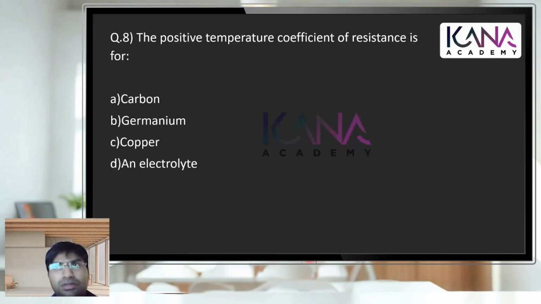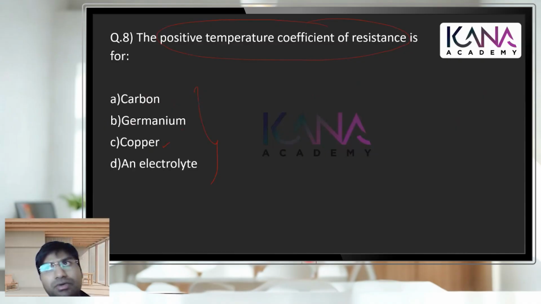Okay. Positive temperature coefficient of resistance is for which of the following? Okay. So here copper is a metal, carbon is non-metal, germanium, and there is an electrolyte. Which of the following will have the positive temperature coefficient of resistance?